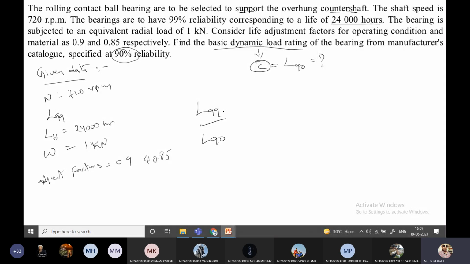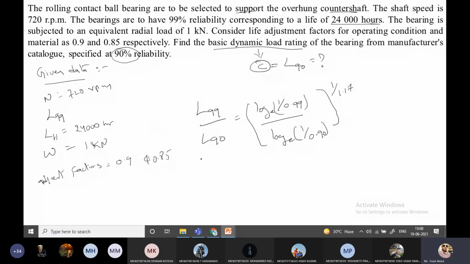So here 99 is in millions of revolutions, which means we don't have any limit here, but in the denominator we have one limiter for up to 90 only, because this is the basic equation: log e of 1 by 0.99 over log e of 1 by 0.90, power 1 by 1.17.